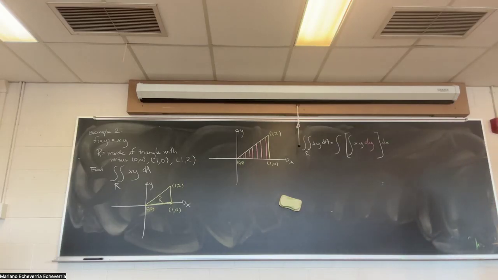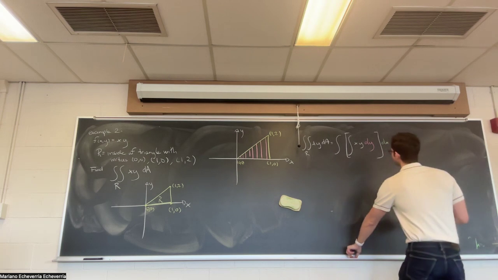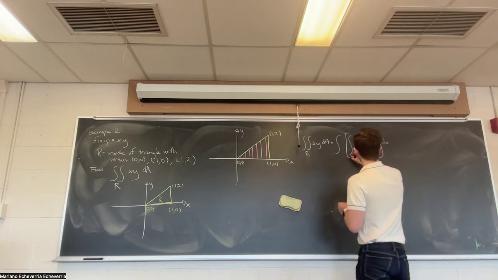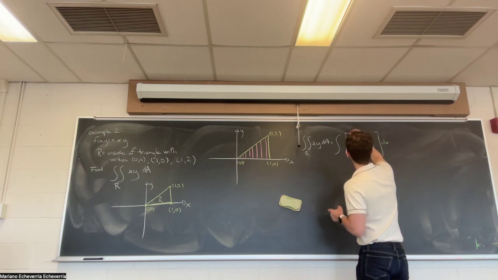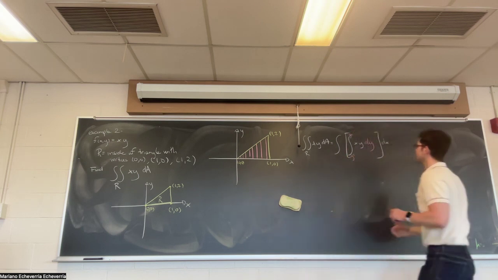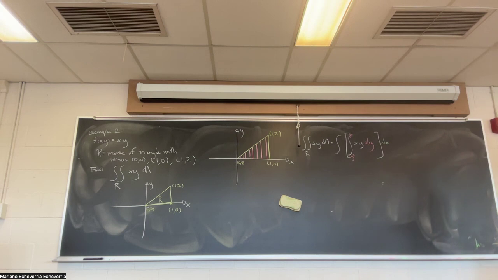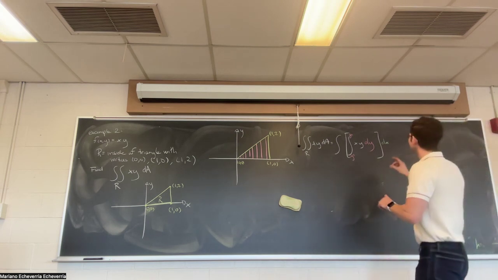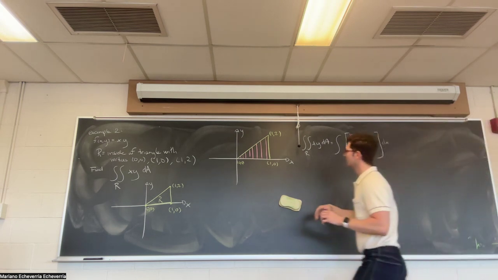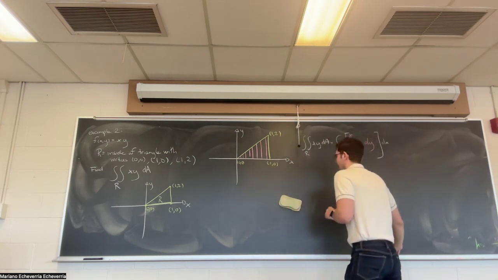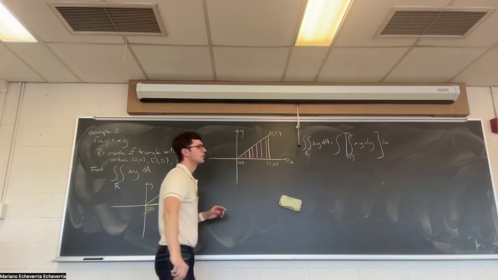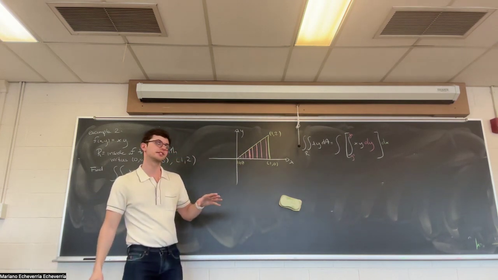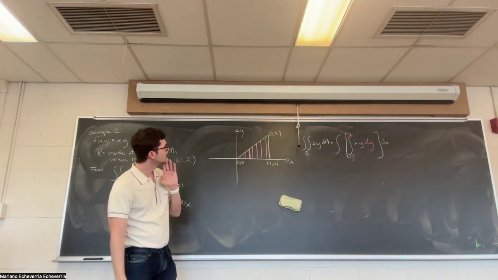Now, here's the interesting part in this problem. Because this is an integral first with respect to y, you have to put the y bounds. The y bound represents which values y is taking along one of these vertical segments.